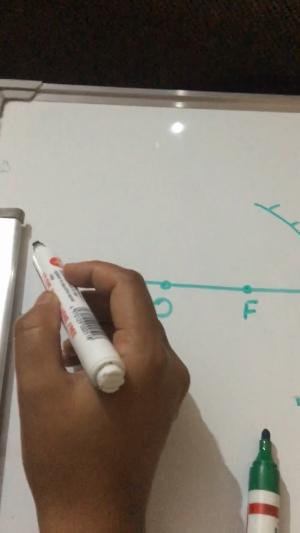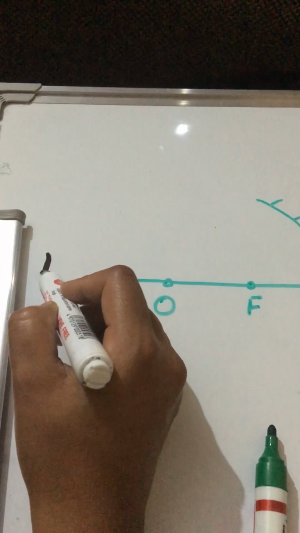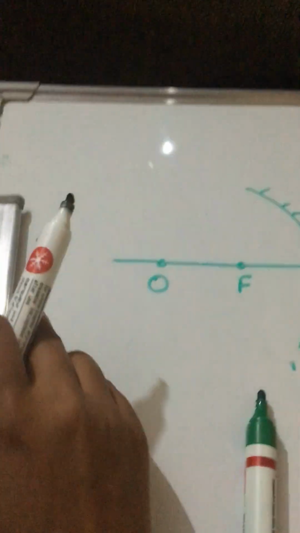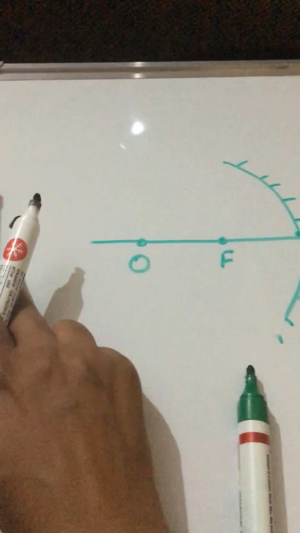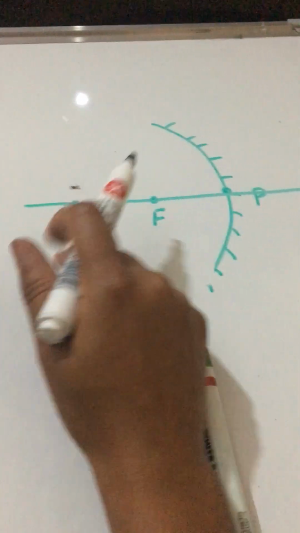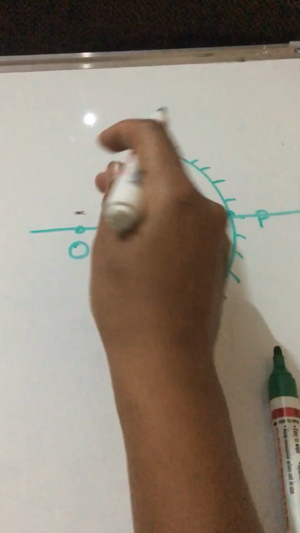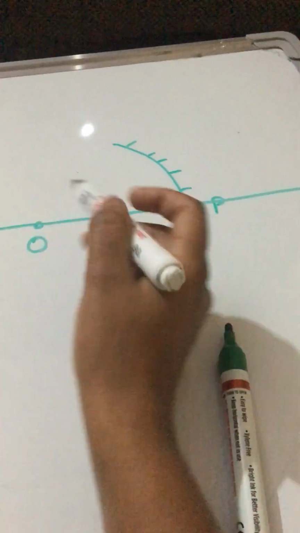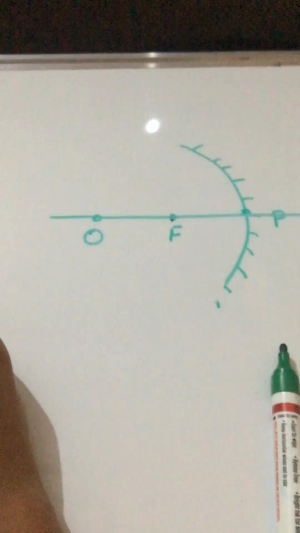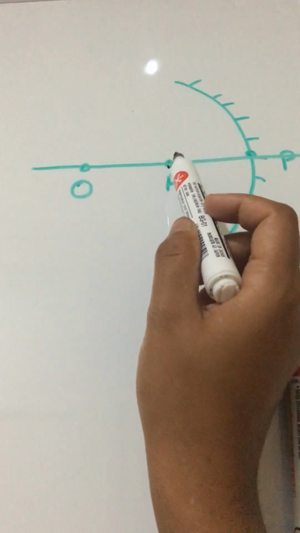Suppose here is an object, let me represent the object by just a line, an extended object. When the object is very far away, its image will always appear small and it will be near to the focus. If the object is at infinity, the image of it will be at the focus, point size.